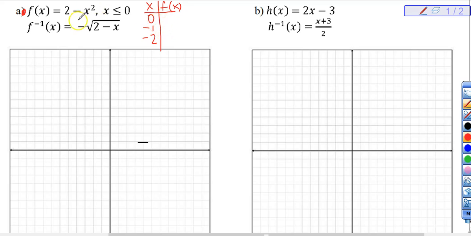So let's see, plug in a 0. 2 minus 0 squared is 2. Okay. 2 minus negative 1 squared. Well, negative 1 squared is 1. 2 minus 1 is 1. And then 2 minus negative 2 squared. Well, negative 2 squared is 4. 2 minus 4 is negative 2. So let me see this. As my x's decrease, my y's do what? Decrease. I think that's 1 to 1.